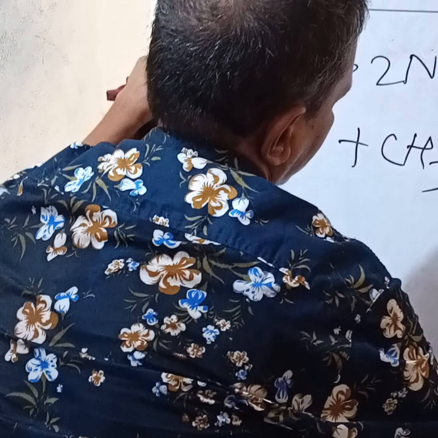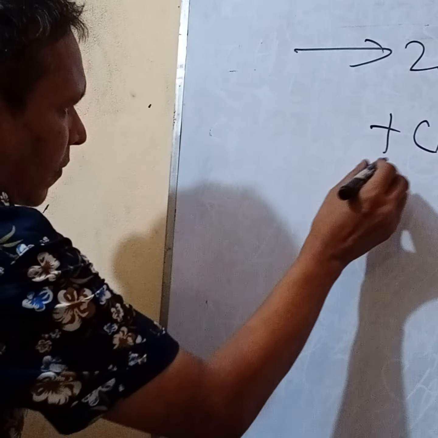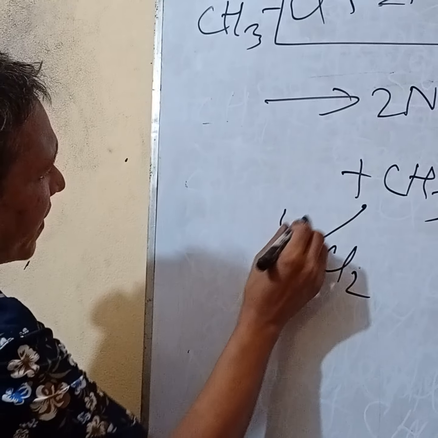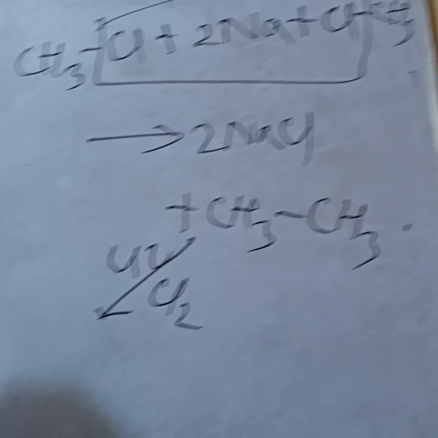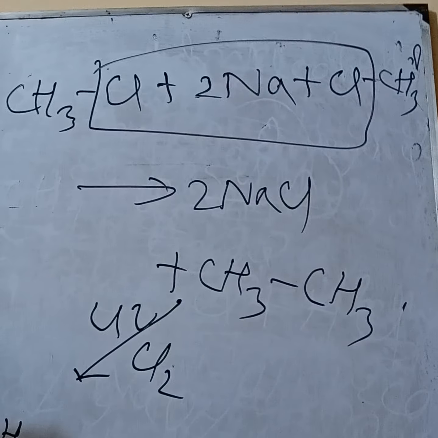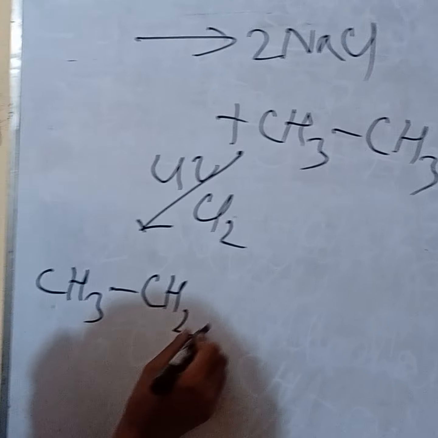What happened? Ethane is formed, and then with chlorine under ultraviolet ray, ethyl chloride.